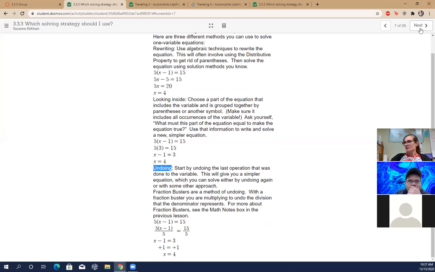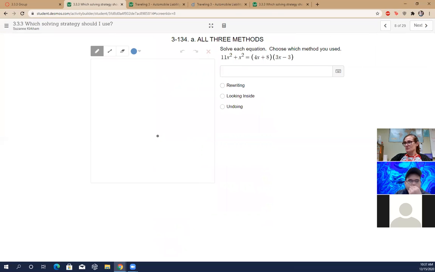Let's go to page 8, and we're going to use different things. We're looking at this wonky equation: 11x squared plus x squared equals 4x plus 8 times 3x minus 3. Which of those could we use to figure out what x equals?